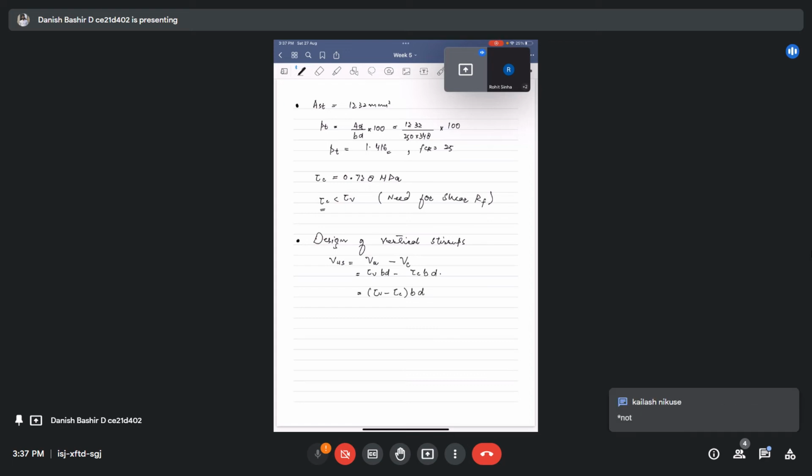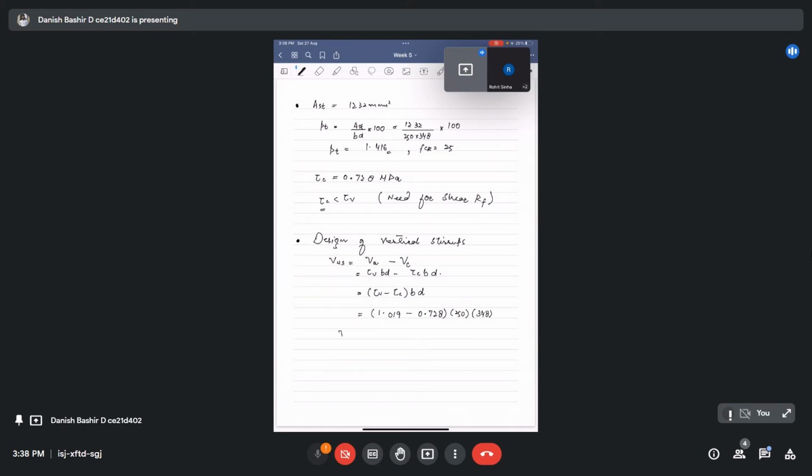Substituting, we have all the values of tau V, tau C, B, and D. When we substitute, tau V is equal to 1.019 minus tau C that we calculated, 0.728 megapascal, and B is 250, and D is 348 mm.